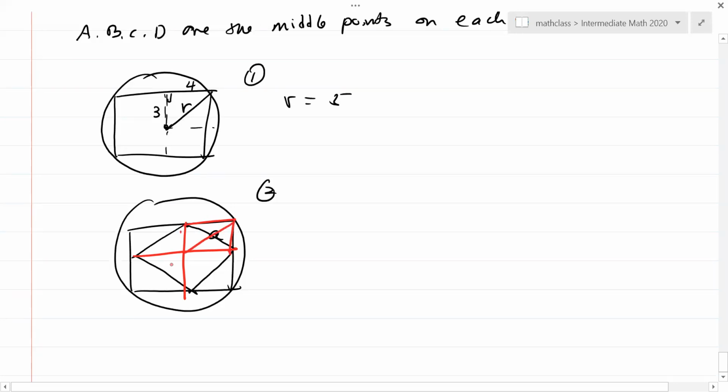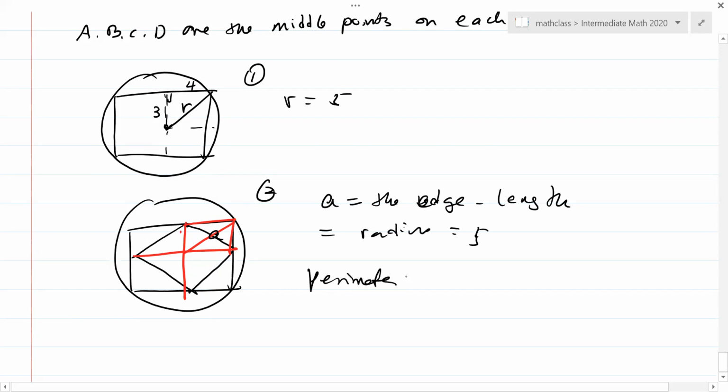This rectangle has two equal diagonals. So the edge length is nothing but the radius, which we already know is 5. So the perimeter is going to be 5 times 4. There are 4 edges, so that's 20.